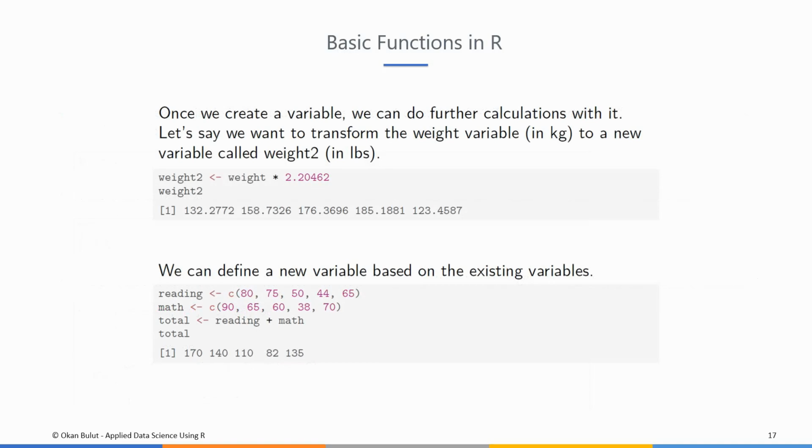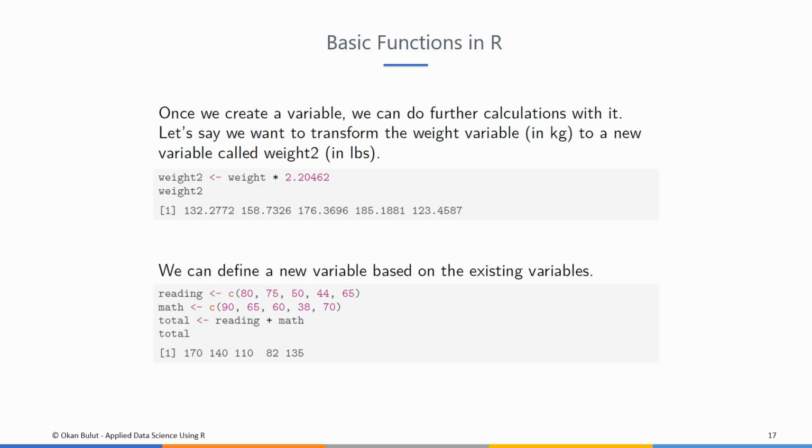Some basic functions in R. Once we define a variable in R, we can do further calculations with it. So let's say I define weight as kilogram, but I would like to transform those to pounds. So I multiply all the weights in the weight variable that we defined earlier with 2.20462, and I define it as a new variable which is called weight2.